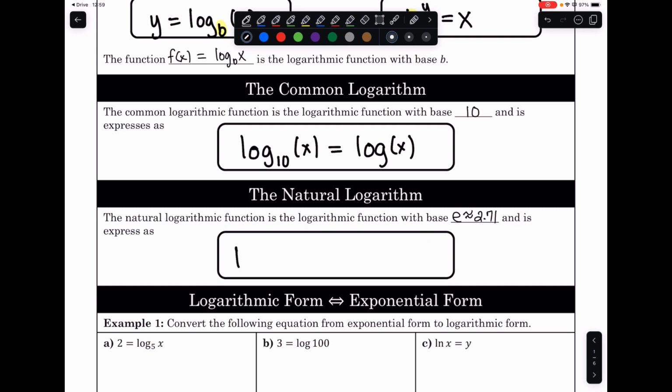When the base is e, the notation is the abbreviation for natural log, L for log and N for natural, written as ln of x. So this notation refers to base e, and this notation refers to base 10.